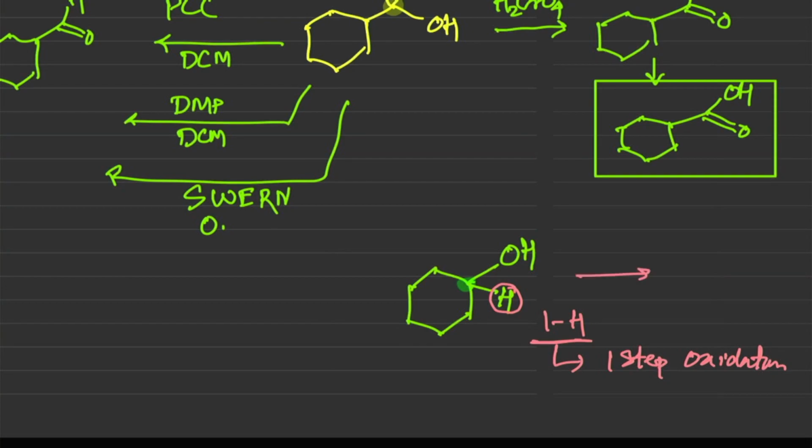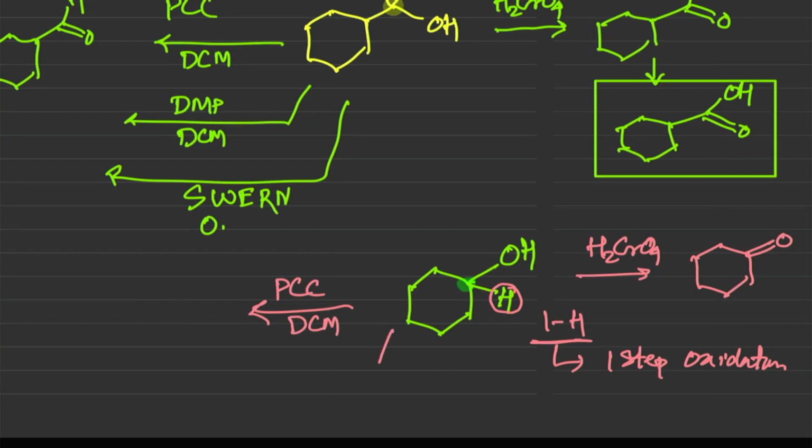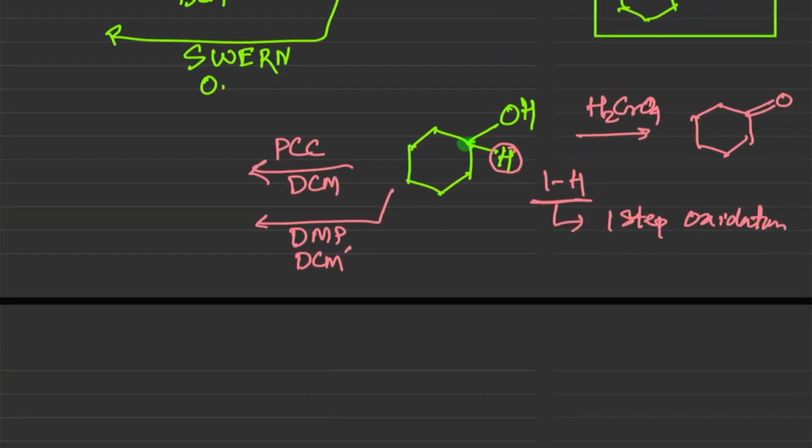Okay, so no matter what the reagent is. So that's critical. So if I use chromic acid, H2CrO4, I can only do one-step oxidation because this is what my alcohol allows. And again, it doesn't matter what reagent I use, Dess-Martin periodinane with DCM or the Swern oxidation method.